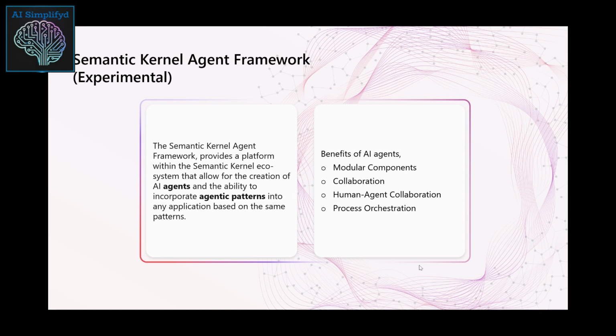The benefits are that while it definitely helps to build multi agent systems, it is also modular in nature. It also provides capabilities for human interaction and human collaboration, and definitely, you can orchestrate multiple agents together.